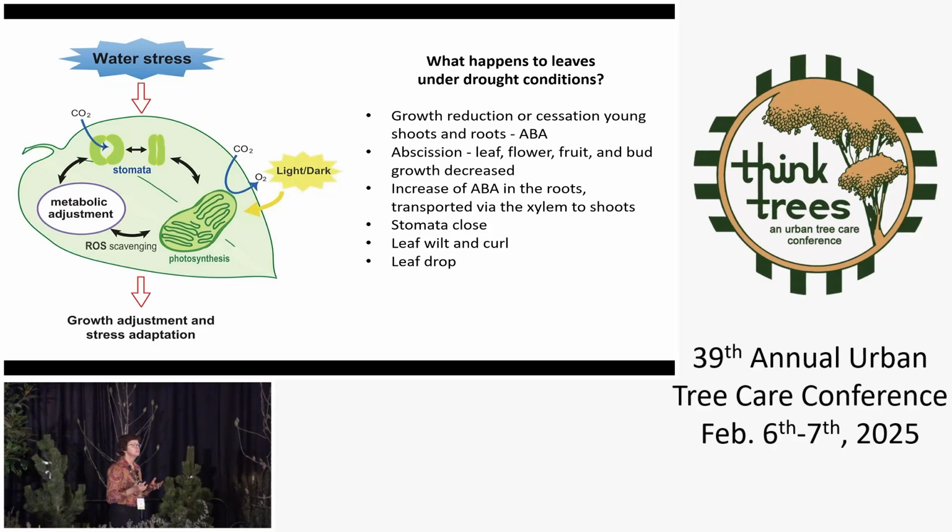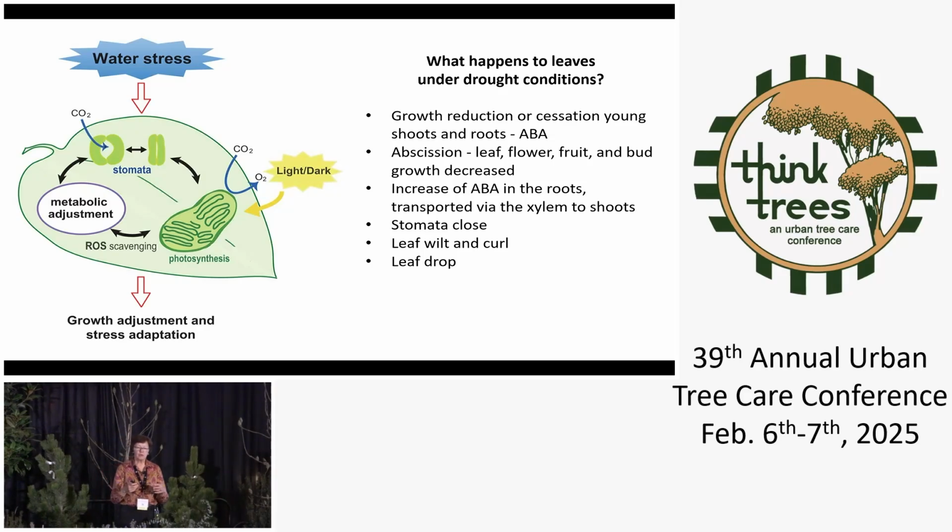So there is a lot of metabolic adjustment on the physiological basis, on the basis of which hormones are expressed, which are moved around, and which genes are expressed, to essentially mount this defense mechanism to protect the plant from stress.